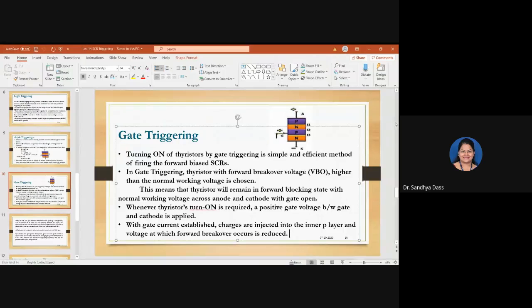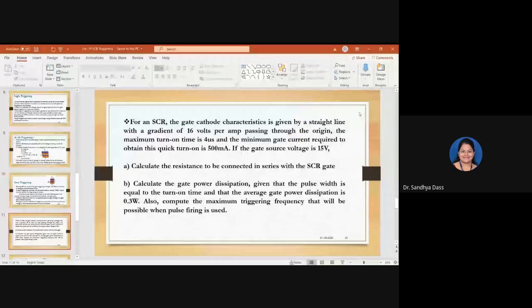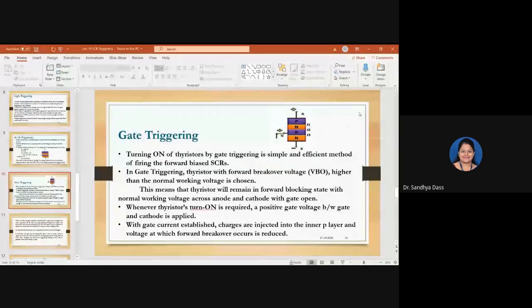So that's what I was just saying. This PN junction, because of the increase in the charge carriers, behaves like a simple diode, so there is conduction taking place which will allow junction J2 to break down, and that will trigger the SCR on.